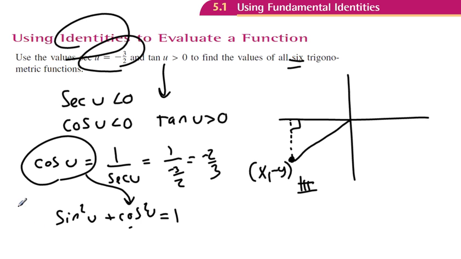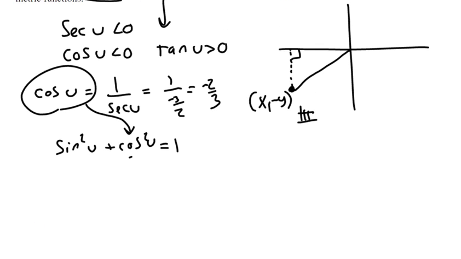Let's show all that work. I'm going to leave sine squared of u, but replace cosine squared of u with -2/3, remembering that we square that, equals 1.